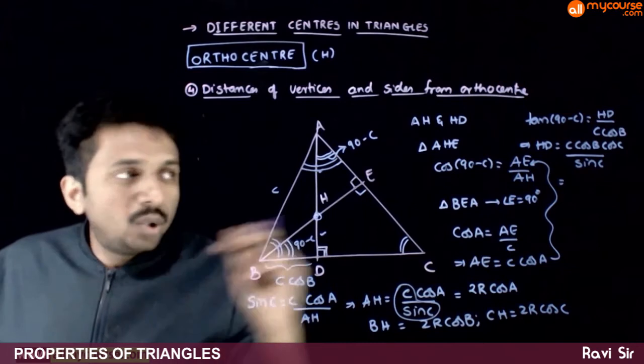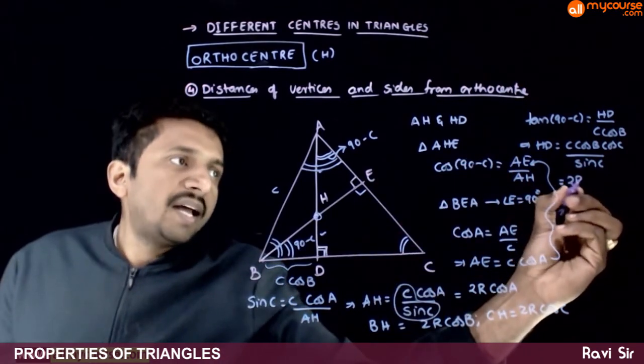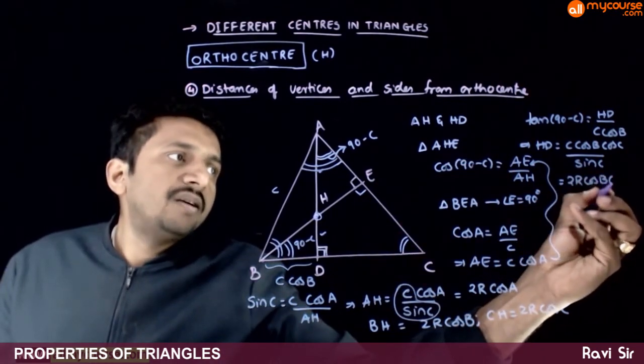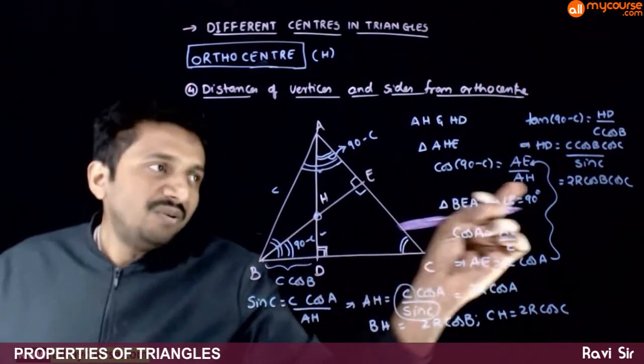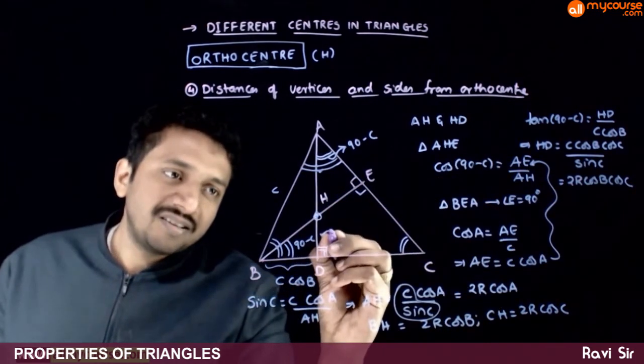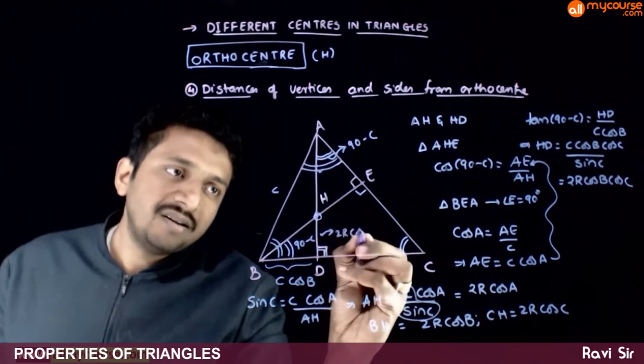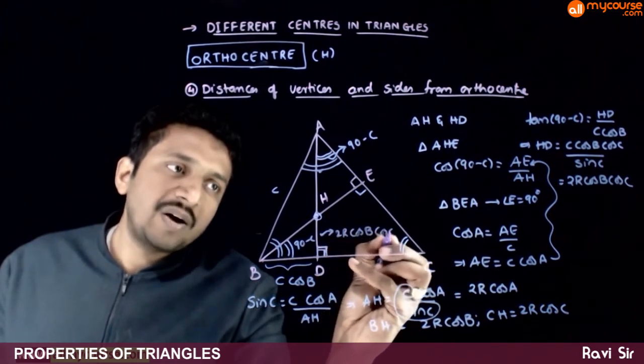C by sin C is again 2R. So 2R cos B cos C. So HD is equal to 2R cos B cos C.